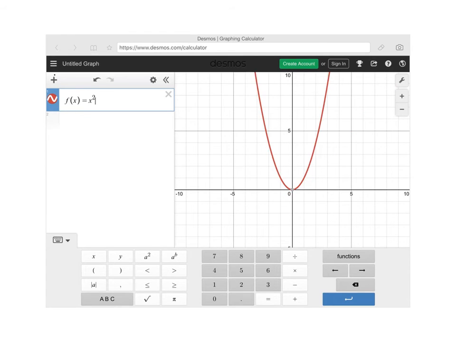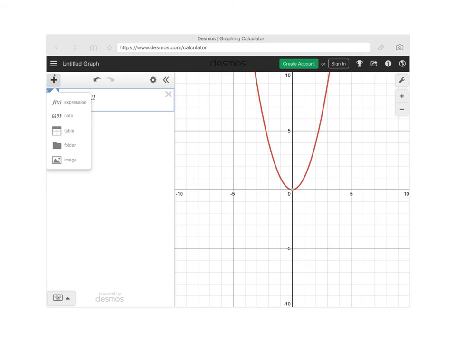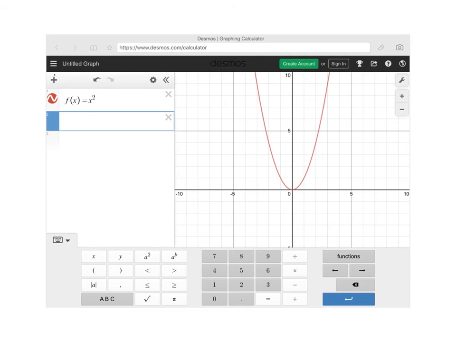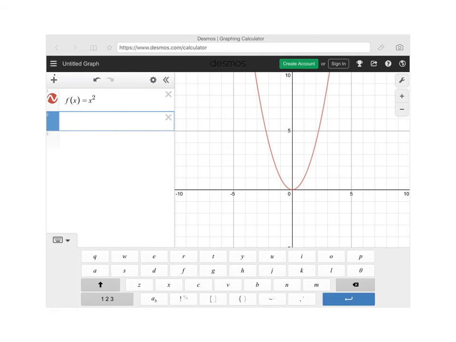Okay, if nothing else, you'll definitely know what the parent function looks like, right? Okay, I want to add an expression. Now I'm going to multiply by 1/2. So think about what you think might happen.